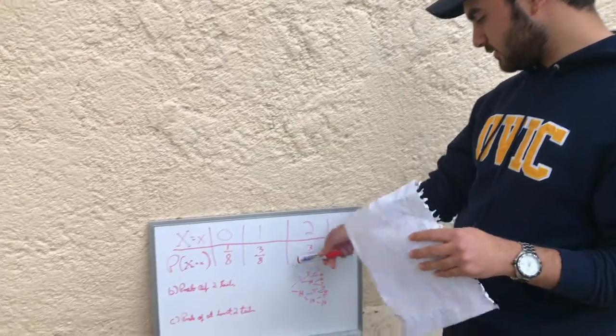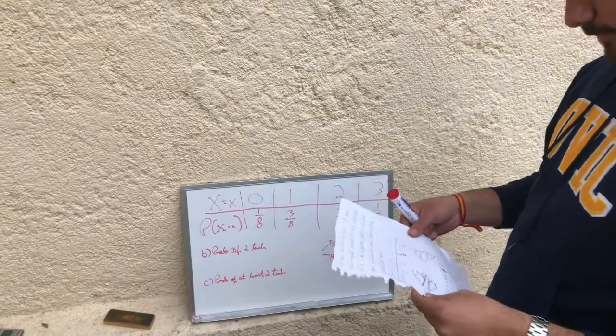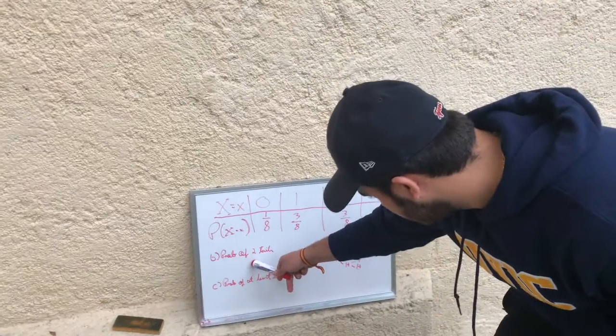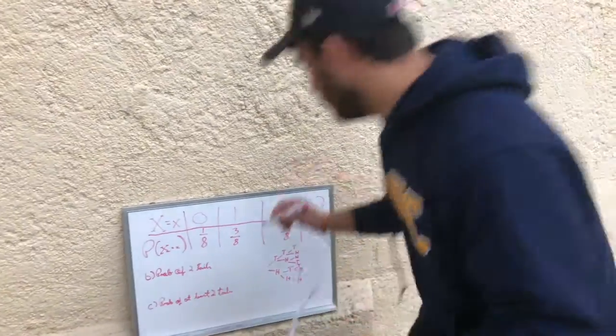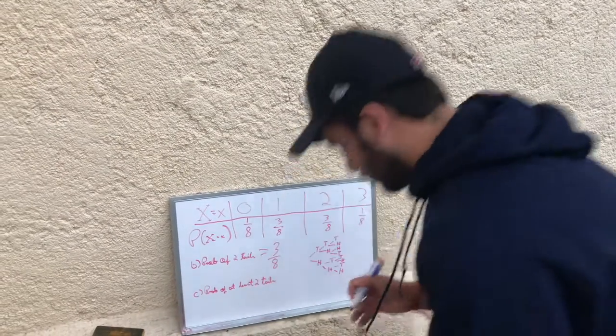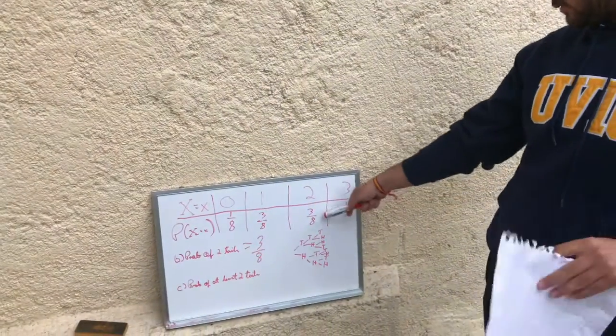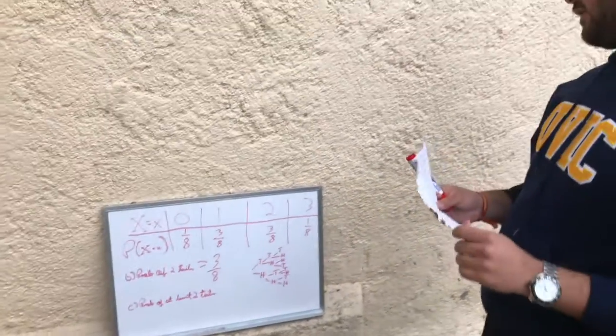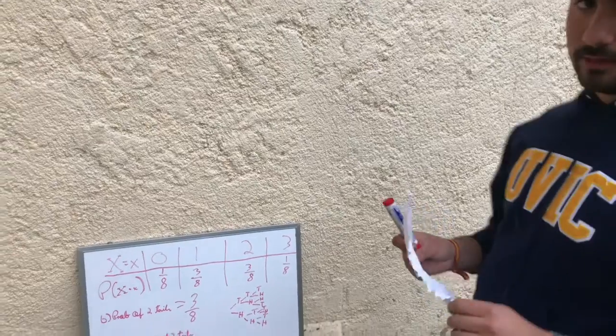We got these numbers. Letter B is asking us to give the probability of 2 tails, which in this case will be 3/8, which we got from the tree diagram, which is here. Letter C is asking us to give the probability of at least 2 tails.